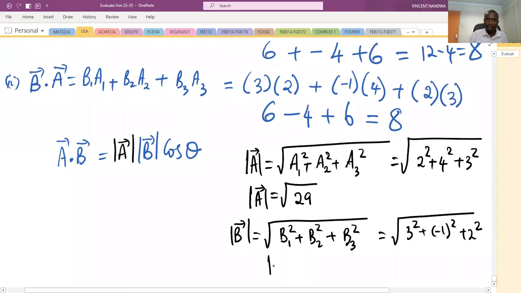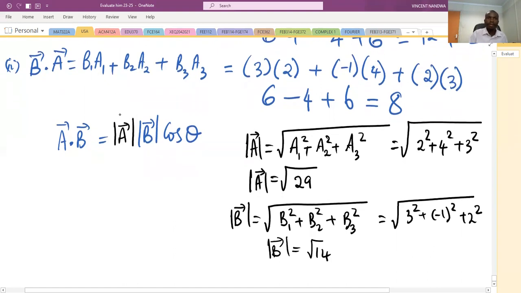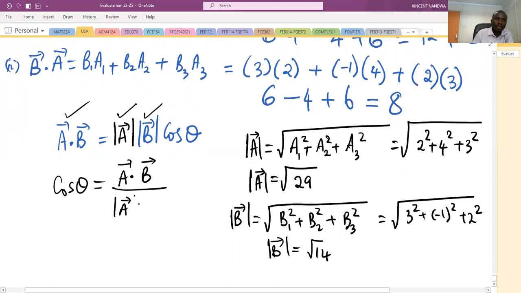So magnitude of B equals root 14. And so we have the value of this, and this one here. So we can easily find cos theta. So cos theta from this formula will be A dot B divided by magnitude of A times magnitude of B. So our A dot B is 8, magnitude of A is root 29, magnitude of B is root 14.